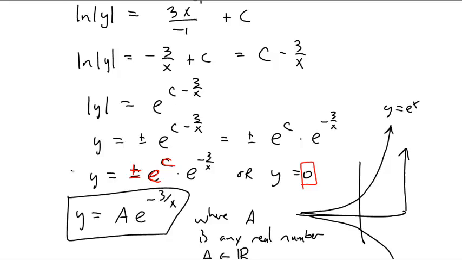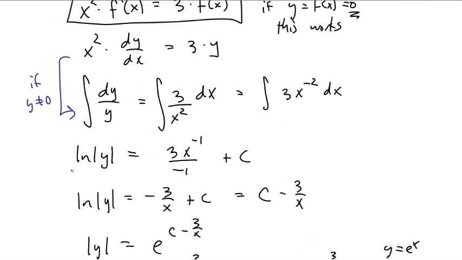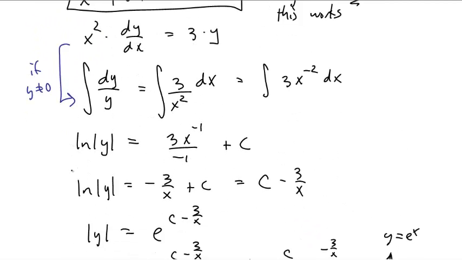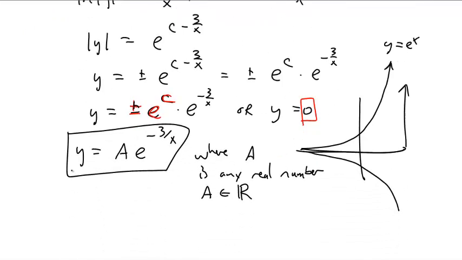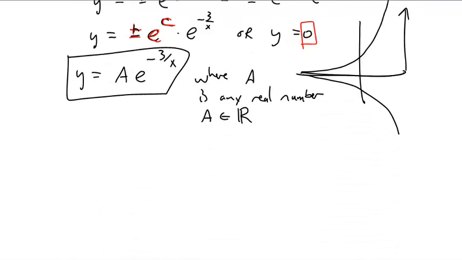And let's try it. What is our original equation? x squared f prime of x equals 3f of x. You don't have to verify all your answers, but it's a really good habit. The question is, is f prime of x times x squared really equal to 3 times f of x? Well, what is the derivative?